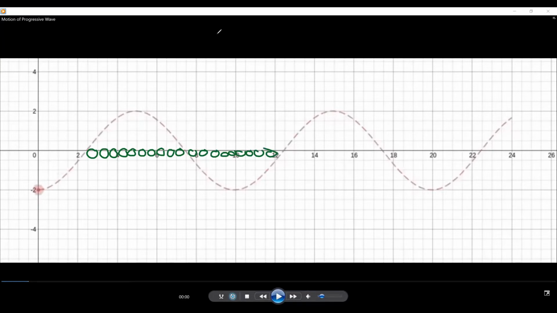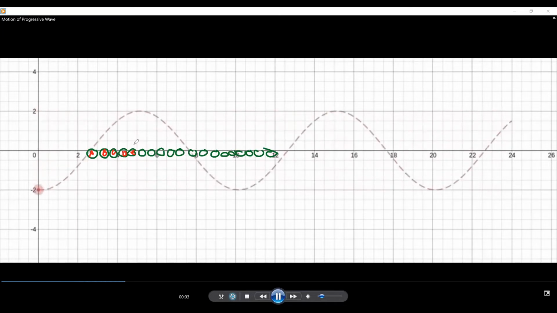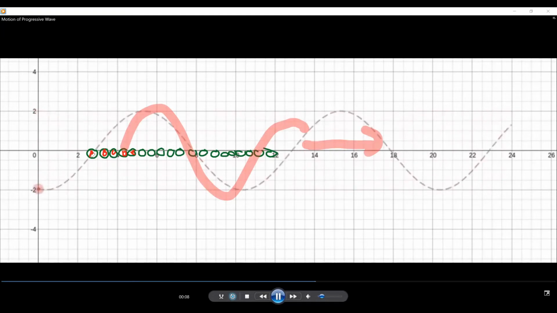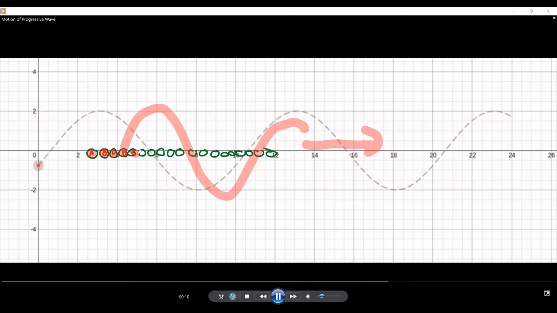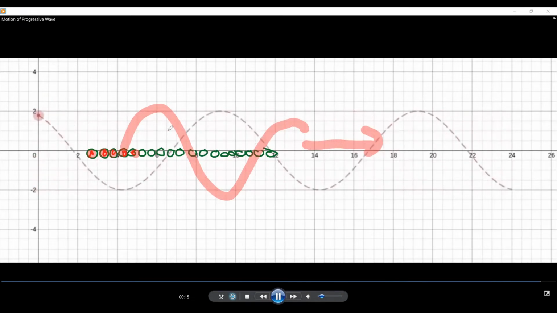Say I label them particle A, B, C, D, and E. If I let the animation run, I notice that the wave profile is moving from one end to another, but the particles that make up the wave are not moving along from left to right with the wave profile.